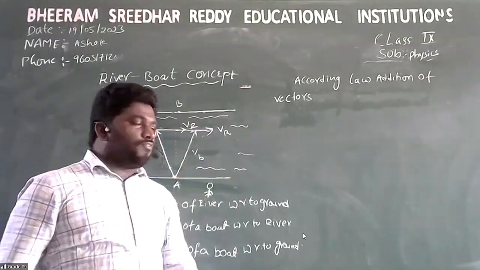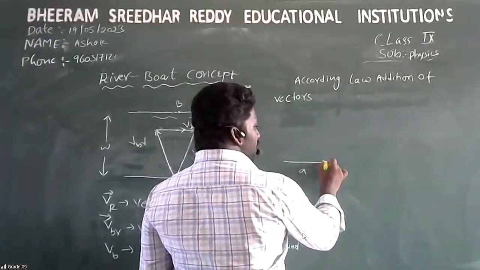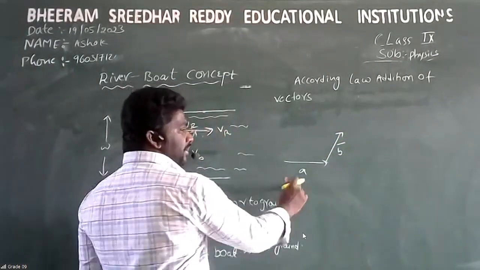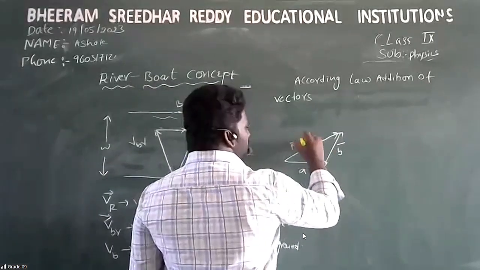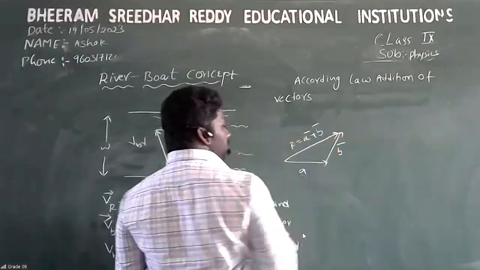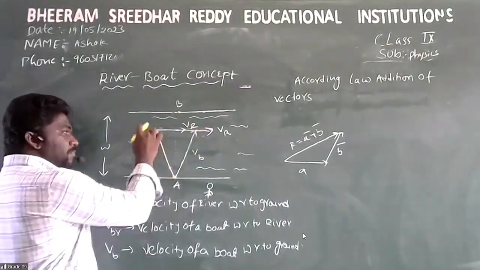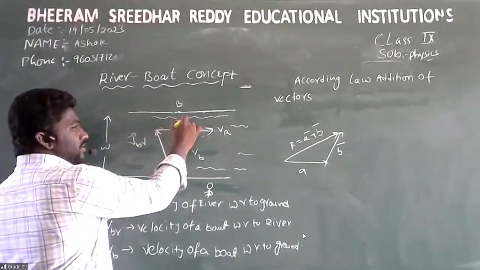In the triangle law of addition of vectors, if A bar is one side of a triangle, and B bar is another side, the resultant of these two sides will give the third side in the opposite direction, that is R equals A bar plus B bar. Here VBR bar is one side and VR is the continuation, another side.